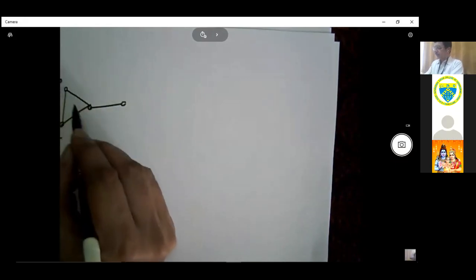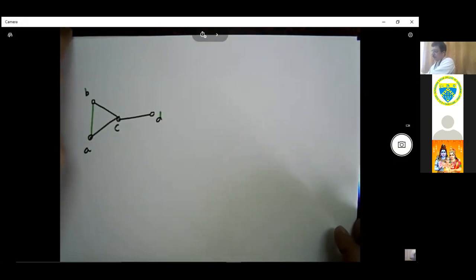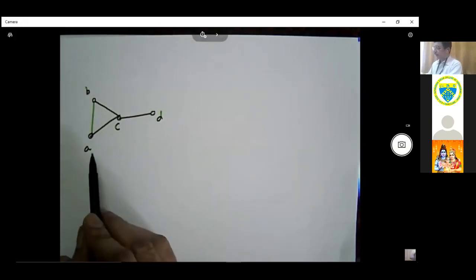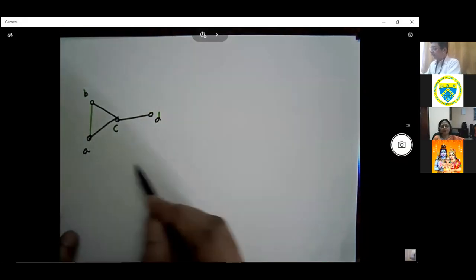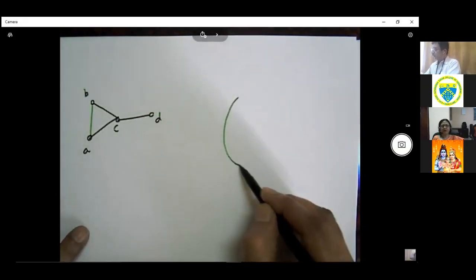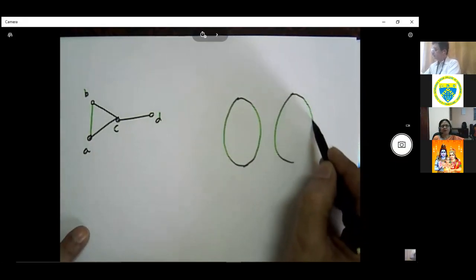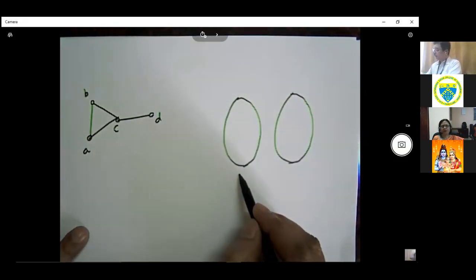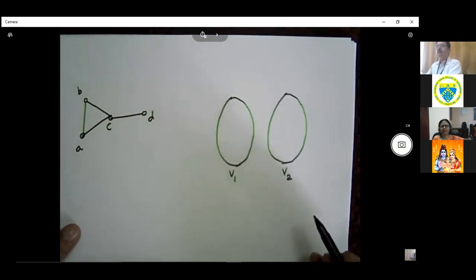For example, suppose you have a graph like this: A, B, C, D. This graph is not bipartite. Those who know bipartite can understand. Now, this graph can be written as a bipartite graph. That means some vertices should be in V1, and some in V2.